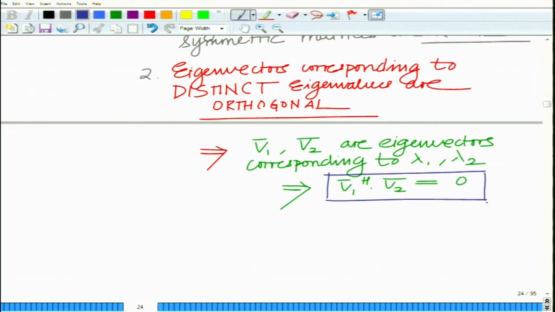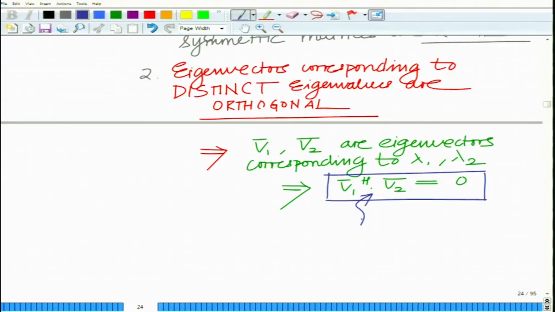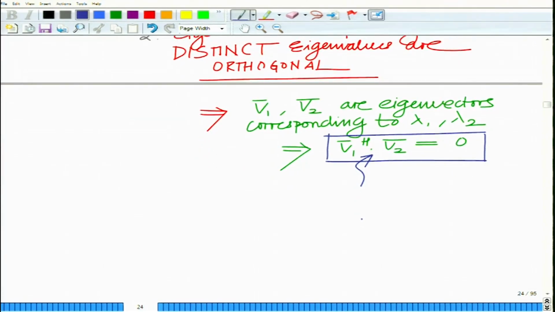If x1 bar, x2 bar are two real vectors, x1 bar transpose x2 bar is 0; if they are complex vectors, x1 bar Hermitian x2 bar equals 0, then the vectors are said to be orthogonal. This is orthogonality of vectors, and in general it is a very important property.